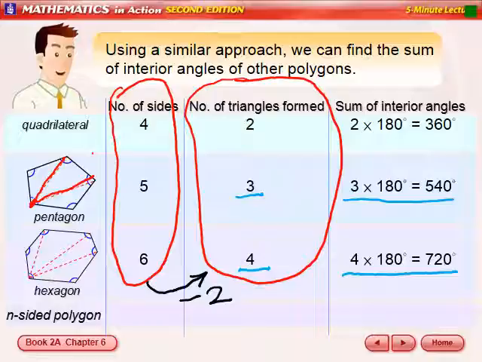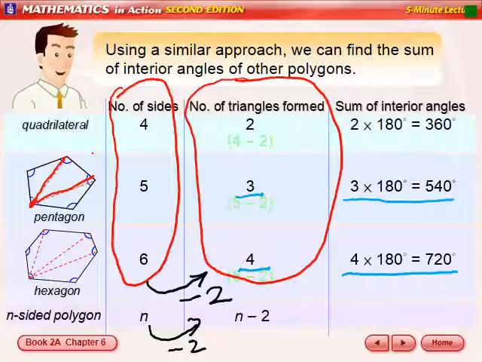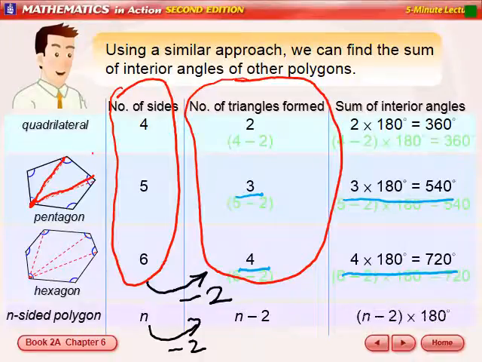Obviously, if this is an n-side polygon, there would be n sides here. The number of triangles formed by the n-side polygon would be n minus 2. So we see that the number of triangles formed is equal to n minus 2, and the sum of interior angles would be equal to n minus 2 times 180 degrees.